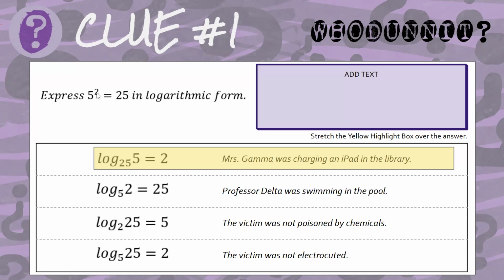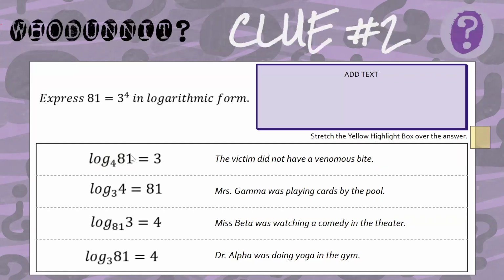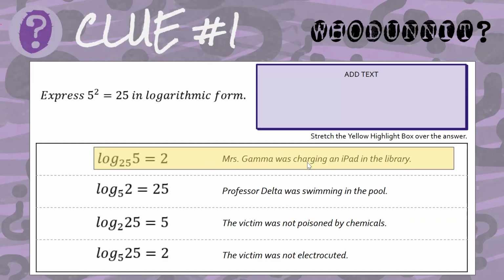If I have 5 squared equals 25, I need to write it in terms of log. Clearly, I know this isn't correct, so don't come for me, okay? I just need you to highlight. There's a little box that you'll take and highlight. This little box stretches over your answer, and that's what you would cross out. So I'm saying the answer is Miss Gamma was charging an iPad in the library.